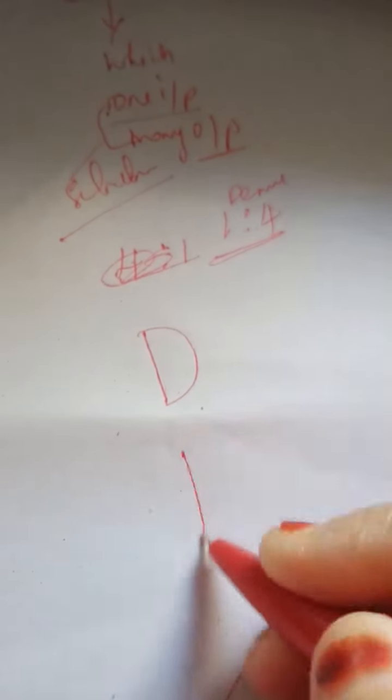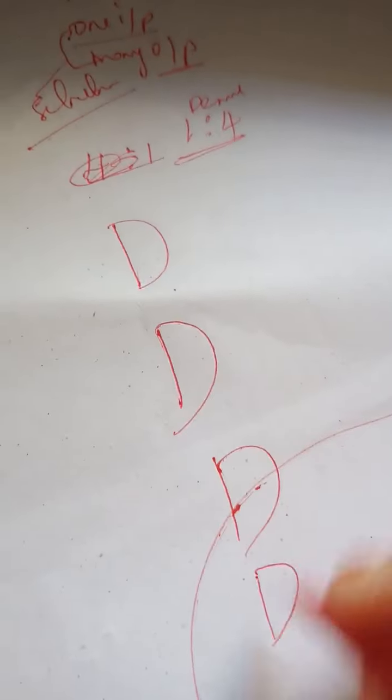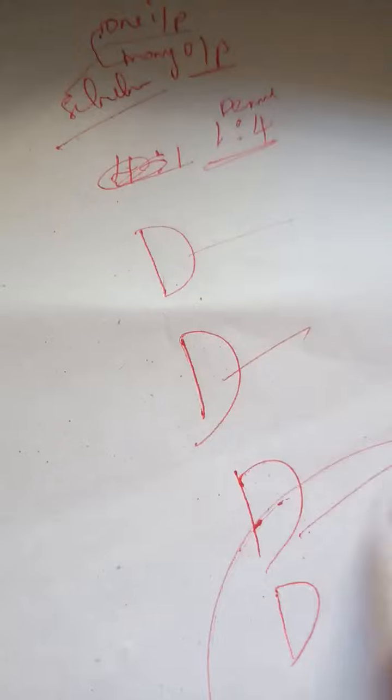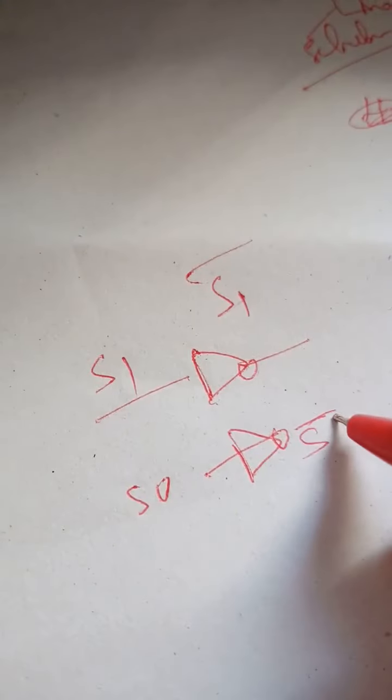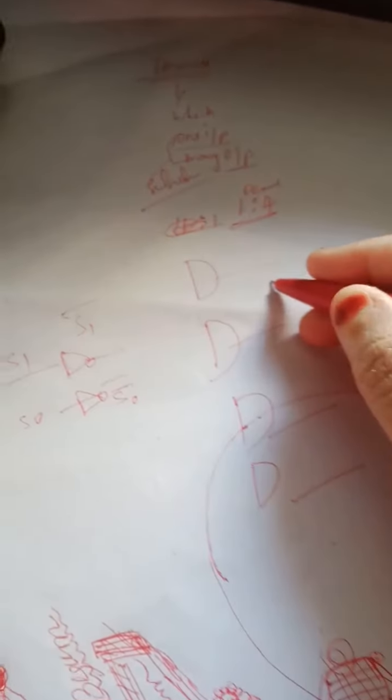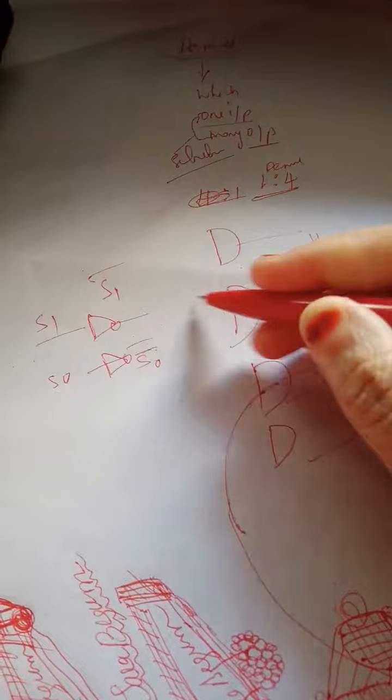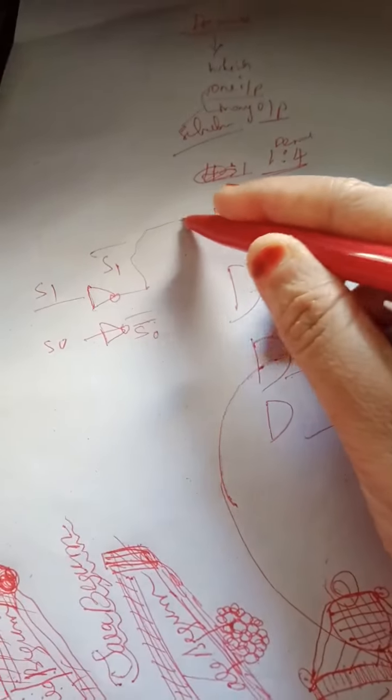You have to take 4 AND gates as outputs, and you should take 2 NOT gates. These are S1, S0, S1 bar, S0 bar. It will be selecting the output according to the selection line.